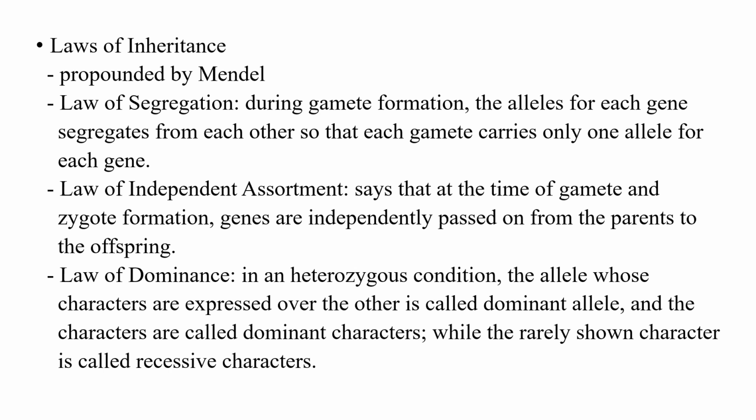The first law of inheritance, as stated by Mendel, is the law of segregation. The law of segregation states that during gamete formation, the alleles for each gene segregate from each other, so that each gamete carries only one allele for each gene. They normally exist in 2.